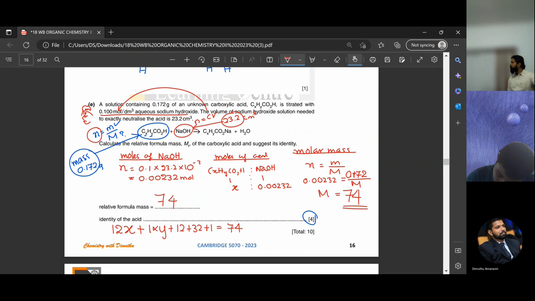All together it is 74. Then the equation is 12x plus y, and this part together is 45. Therefore you bring the 45 to that side, you get 29. Am I clear?